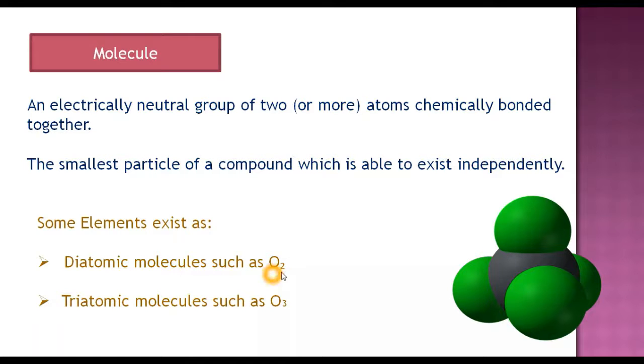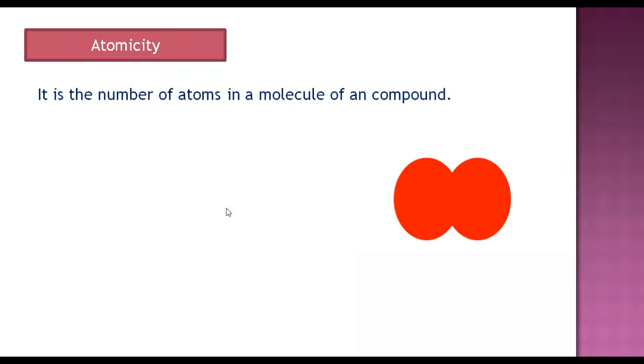Now, based on the number of atoms combined to form a molecule, we have atomicity. Atomicity is nothing but the number of atoms in a molecule of a compound. That means whatever number of atoms have combined to form a molecule, that number of atoms is termed atomicity.